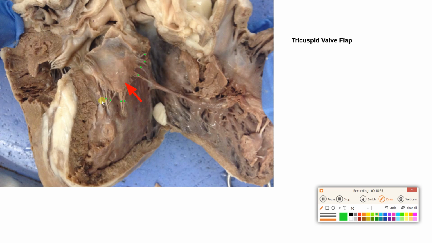And since this is the right side, because of the moderator band and the less than thick wall, I know this must be my tricuspid valve. Right side plus chordae tendineae lets me know I got my tricuspid valve. That is excellent. Good job. Let's keep on going.